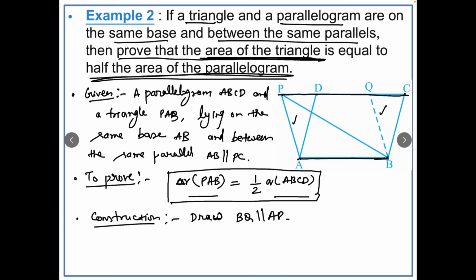Now we have two parallelograms here. The first is ABCD, the second is ABQP, and we know that two parallelograms on the same base and between the same parallels have equal areas. We'll write the proof on the next page.